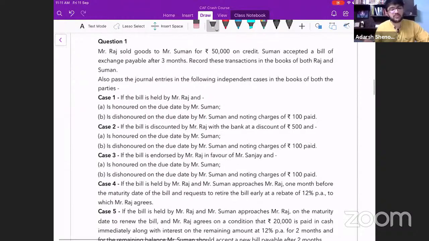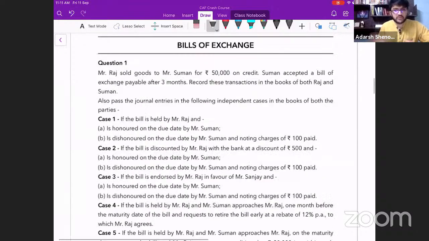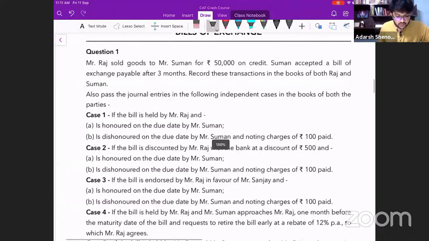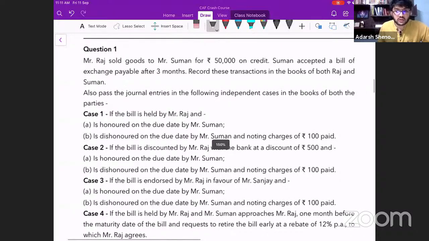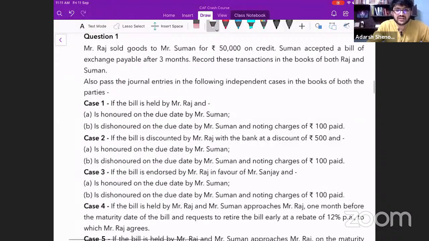This is a very comprehensive problem with 6 different cases, covering all the syllabus. Let's do it. Shall we start? That was my mistake. I put homework by mistake for question 1.